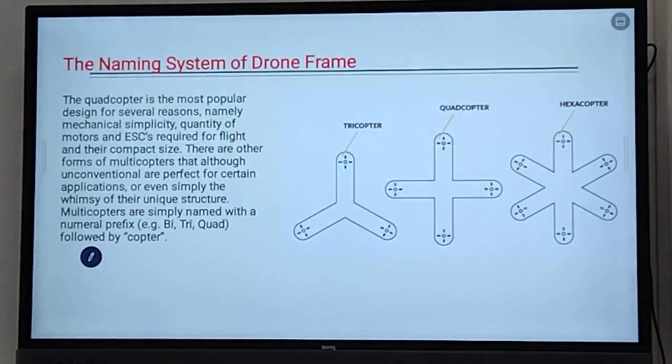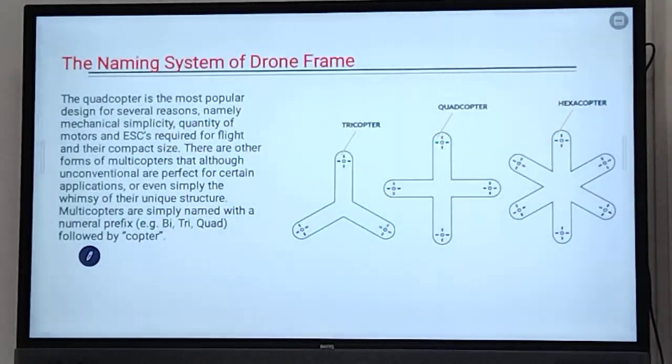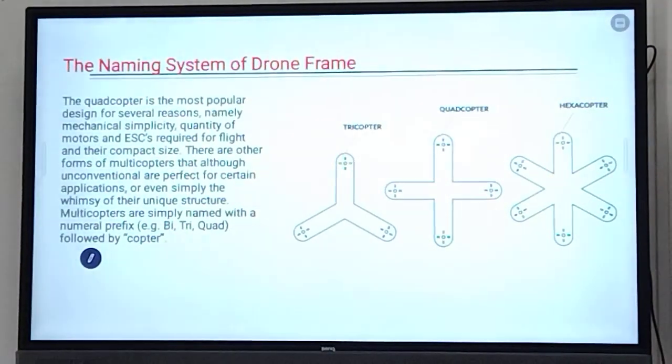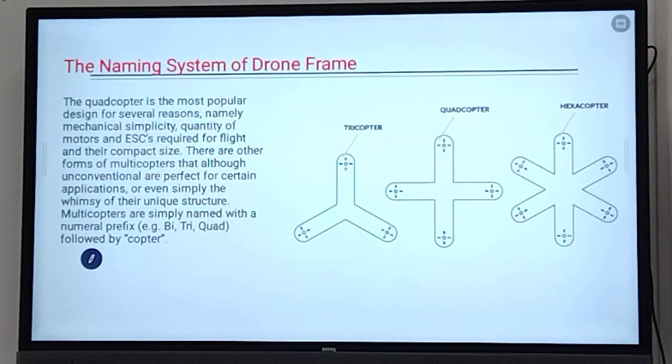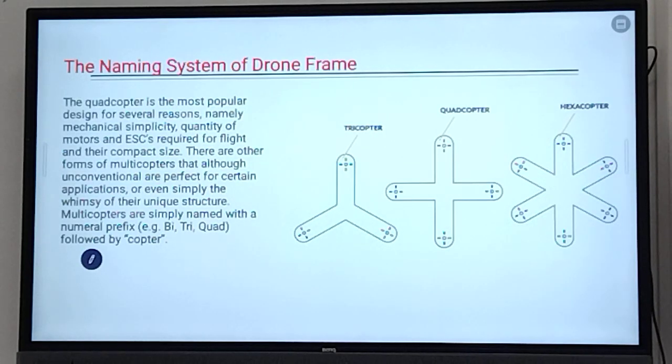There are other forms of multicopters that, although unconventional, are perfect for certain applications, or even simply for the beauty of the unique structure.